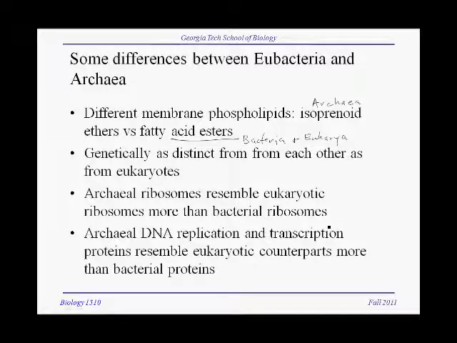In fact, a closer examination shows that the ribosomes of archaea and their genes that are involved in DNA replication and transcription actually look more similar to the eukaryotic genes that are involved in DNA replication and transcription than they do the bacterial genes.